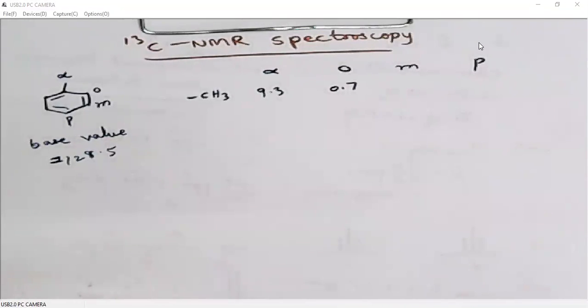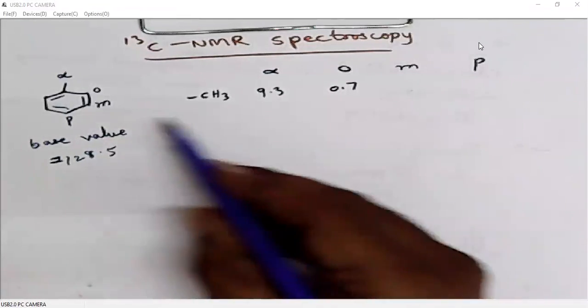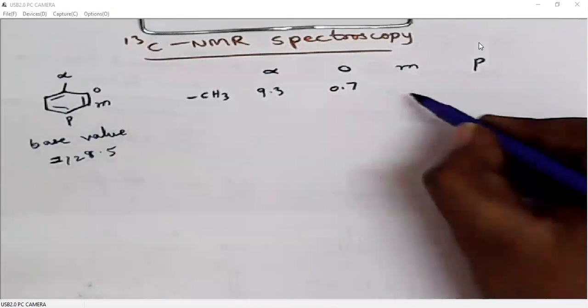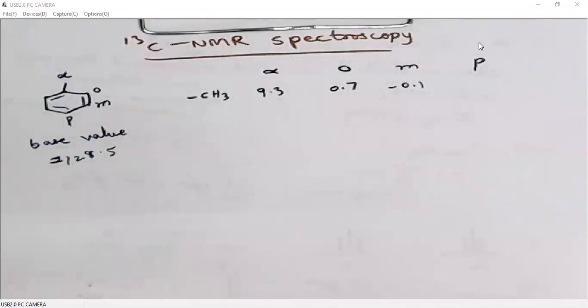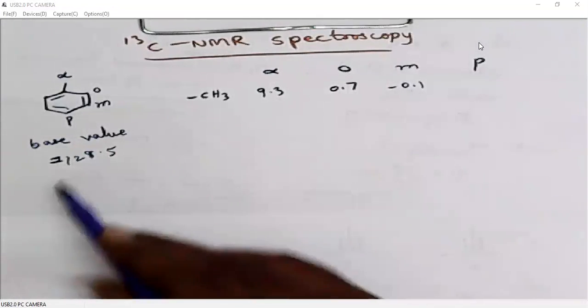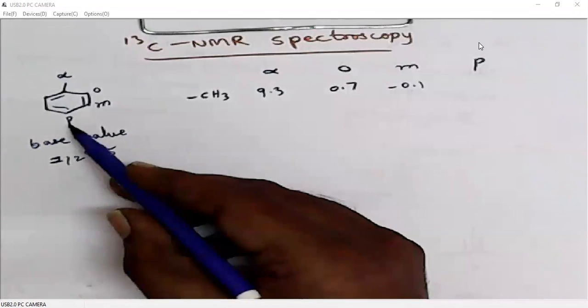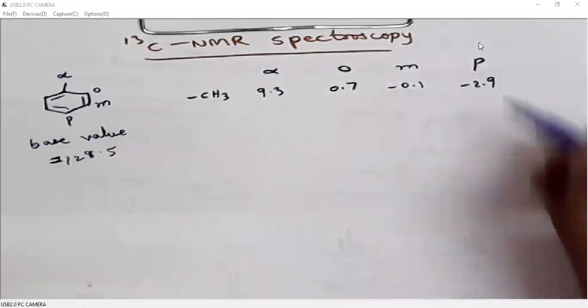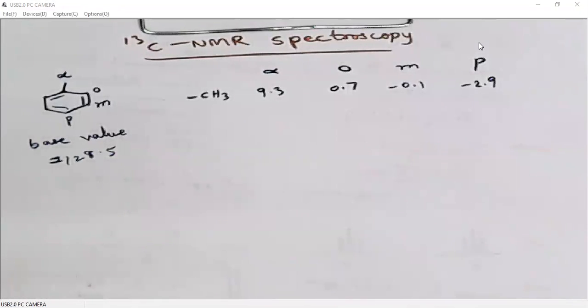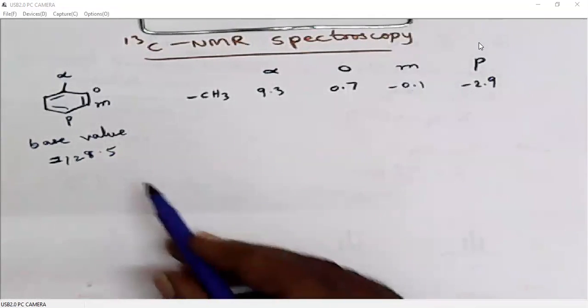If this methyl group is at meta position, we will subtract 0.1 from the base value. Or if the methyl group is at para position, we will subtract 2.9 from the base value.